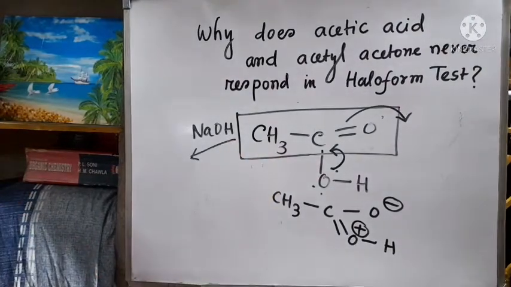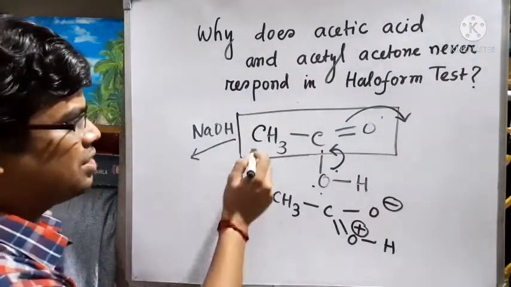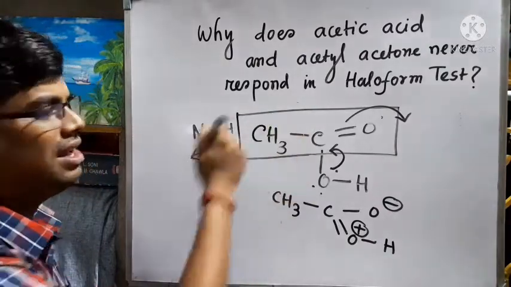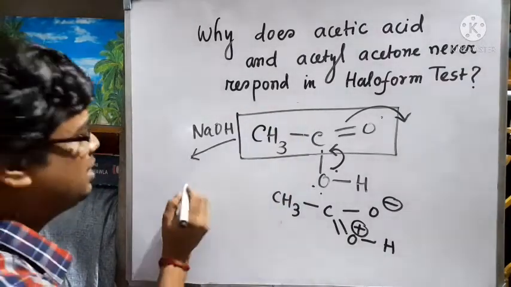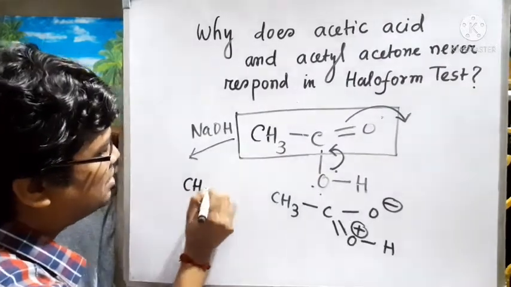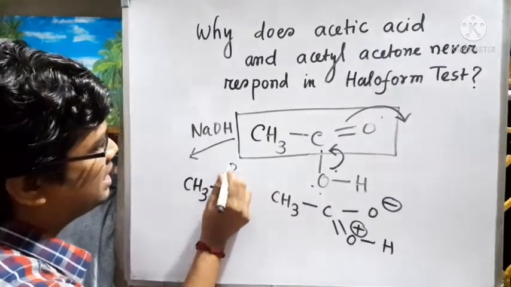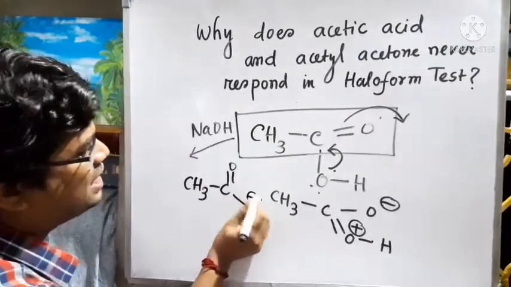That's why, if we try to substitute this alpha hydrogen, immediately it produces the sodium acetate salt. Look here, this sodium acetate salt.